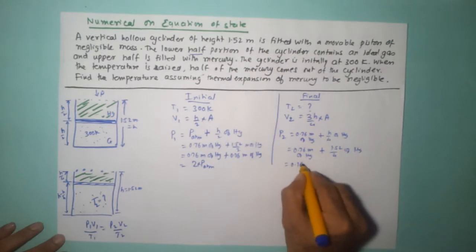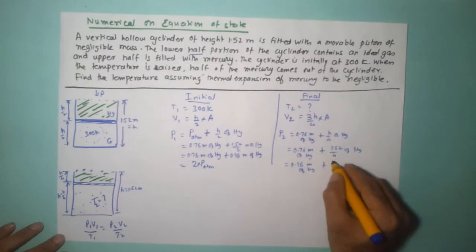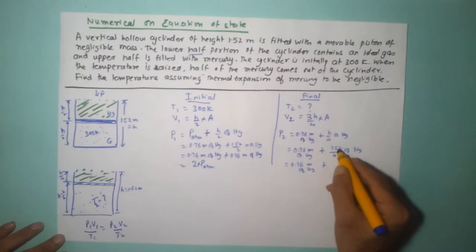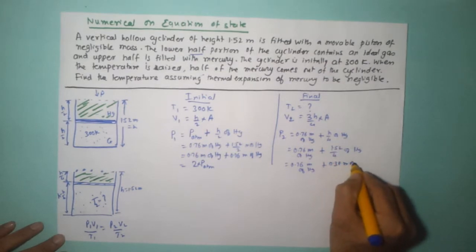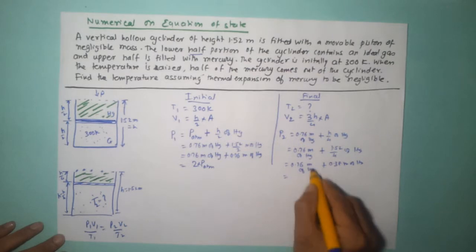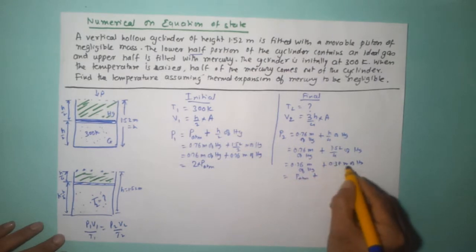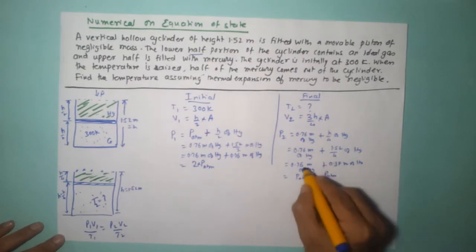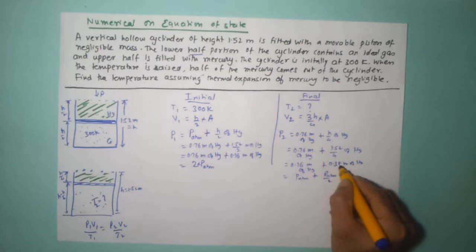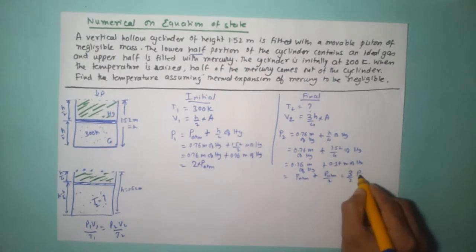This will be 0.76 meter of Hg, which is atmospheric pressure, plus this will give me a value of 0.38 meter of Hg. So this is atmospheric pressure, P atmosphere, plus P atmosphere by 2, because 0.76 divided by 2 is 0.38. So this will give me 3 by 2 times P atmosphere.